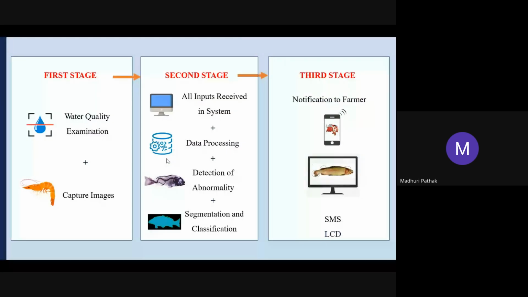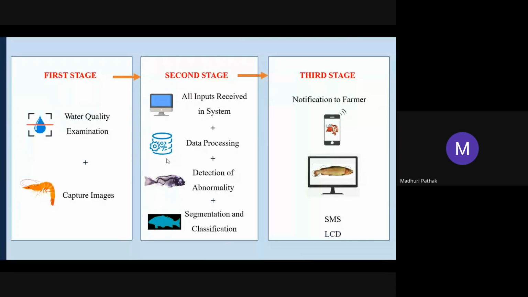So the first stage is the water quality examination and capturing the images. As I told you, water quality plays an important role in fish health management because it is the primary most parameter which will maintain the good conditions for fish welfare.